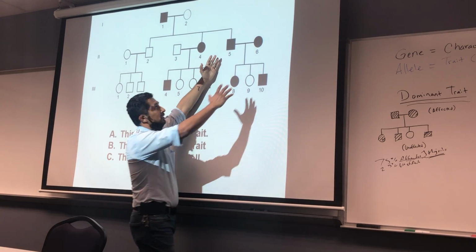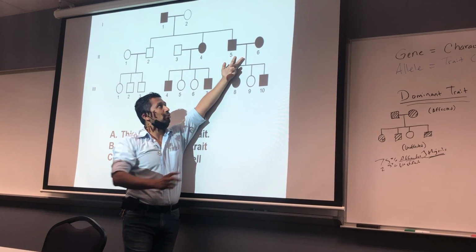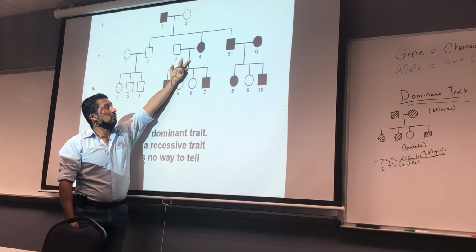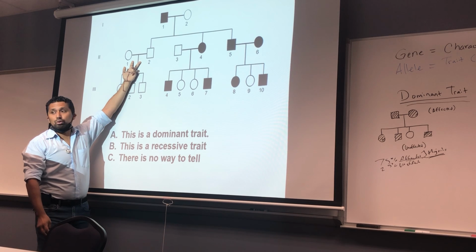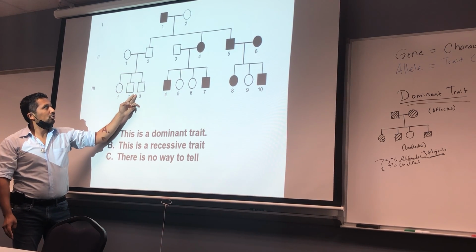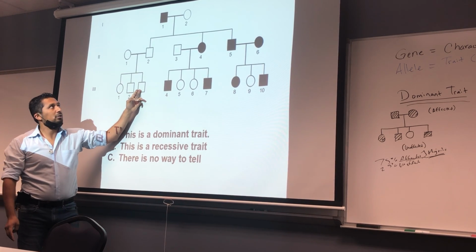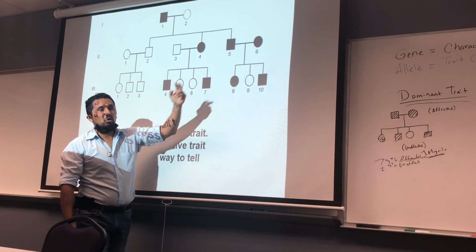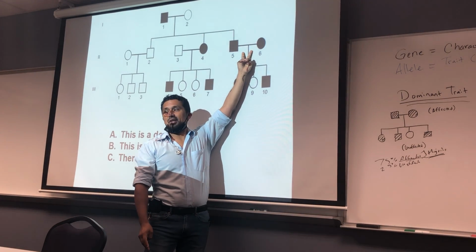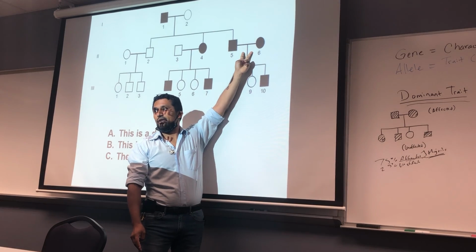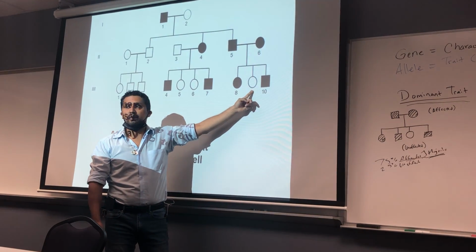Look at this. When you have 2 affected parents, these are mixed. These are both unaffected, but you don't see any affected child, right? Those are mixed, right? Always look at those 2 that are the same. Here you have 2 affected parents and an unaffected child.